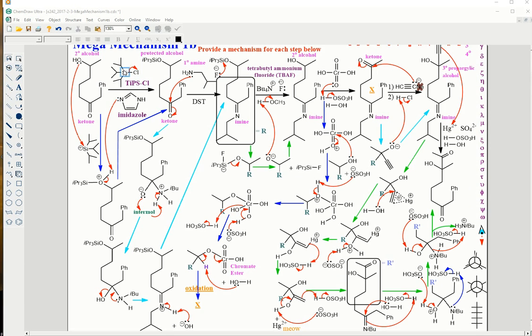It undergoes protection with triisopropyl silyl chloride, generating this silicon cation. Imidazole neutralizes the oxonium.